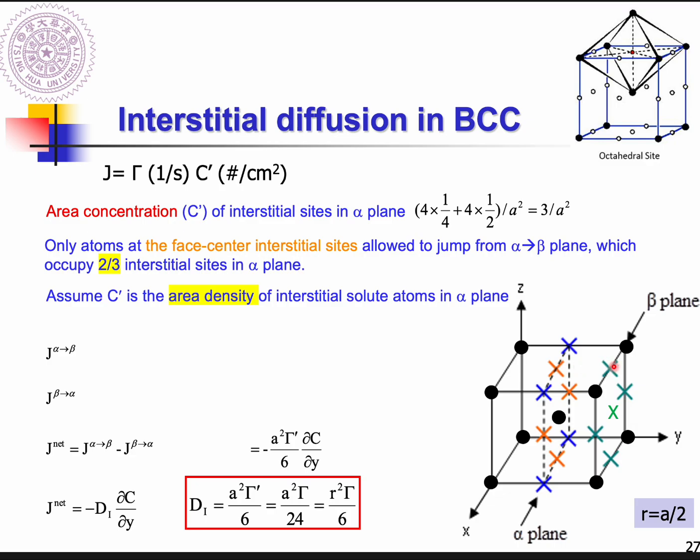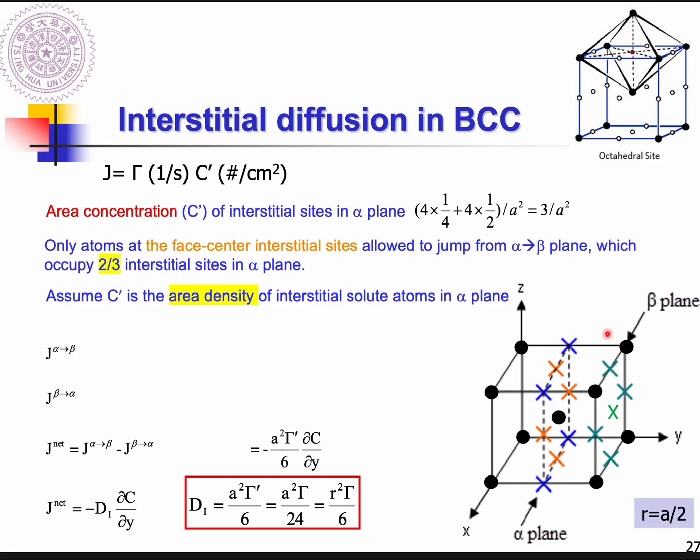And the distance is what? It's A divided by 2, right? But some people probably ask, this one also can make a successful jump, right? Yes, professor, if the solute is located at this interstitial site it can make a successful jump to beta. But how about this? If the solute is located at this interstitial site, why can it not jump to the beta plane through this jump from the blue cross to the green cross?